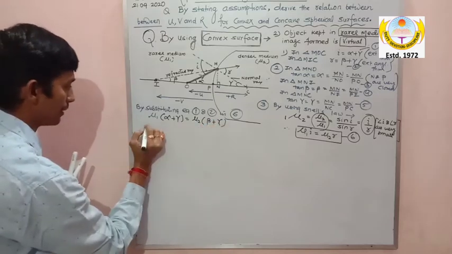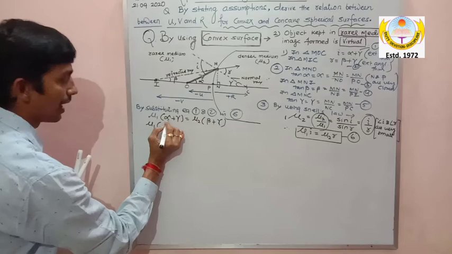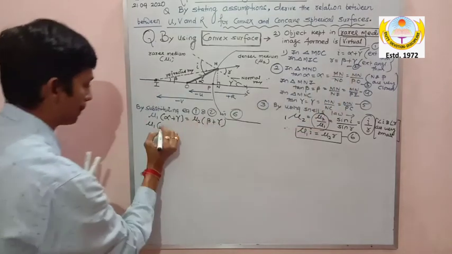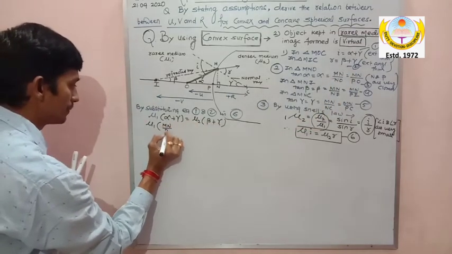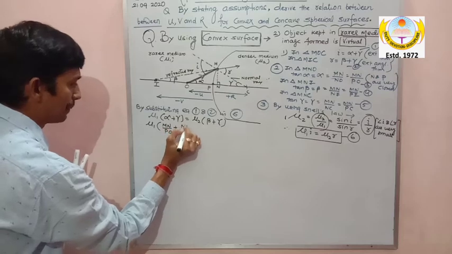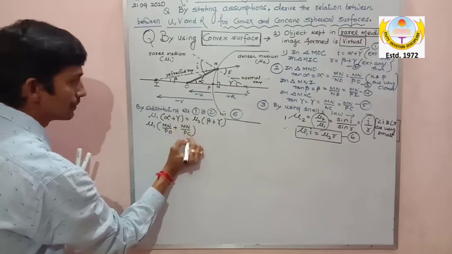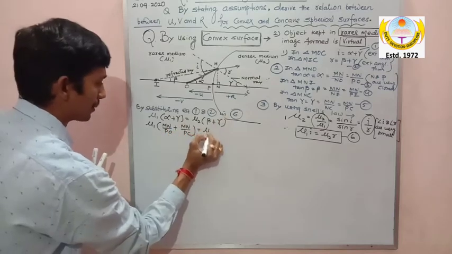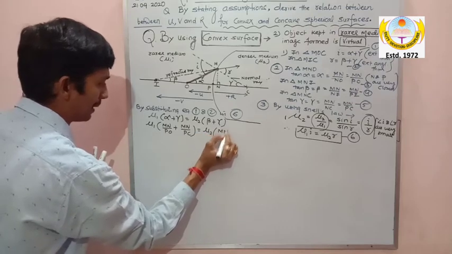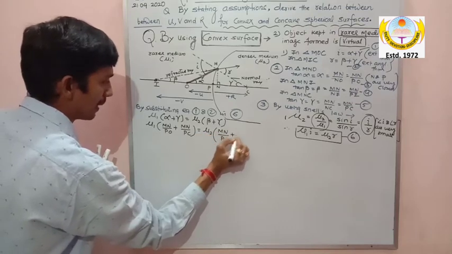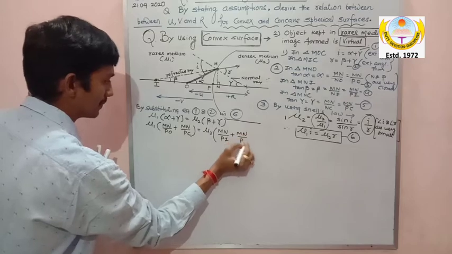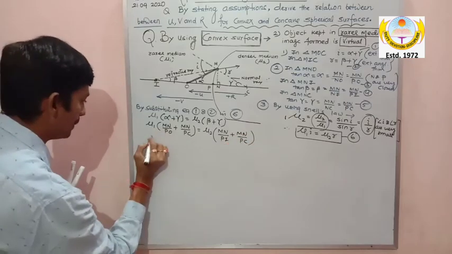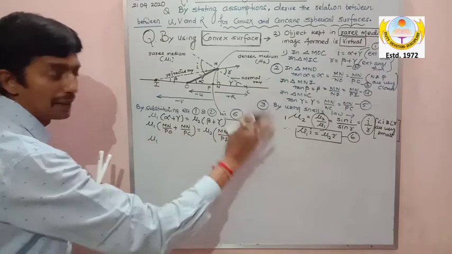Now this is mu 1 alpha. Alpha is MN by PO, plus gamma is MN by PC, is equal to mu 2. Beta is MN by PI, plus MN by PC. Now this will be mu 1. You all know MN will be gone.